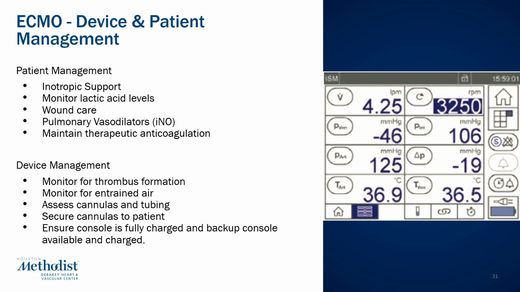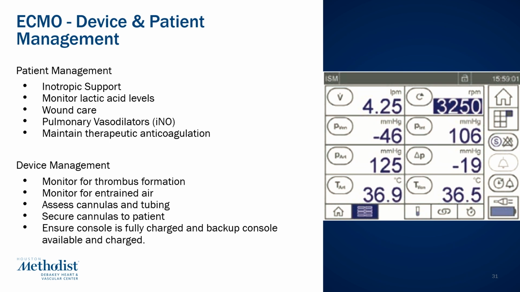So when you're working on patients on ECMO or MCS devices, the most important thing is to make sure that you're actually managing the patient, not so much the device. A lot of times when these patients are having complications, it's not because of a mechanical failure, it's because of changes with the patient's hemodynamics.